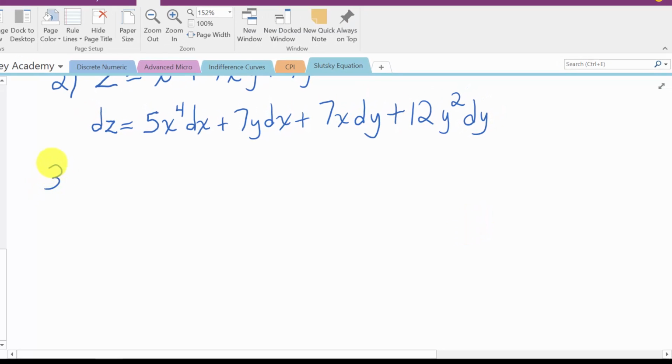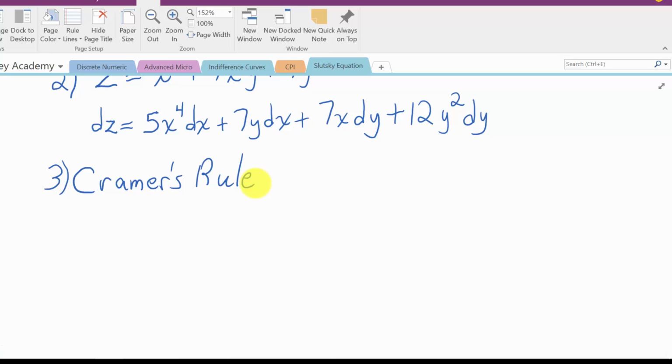So 3, Cramer's rule. Now you probably, since you've studied Cramer's rule, know that Cramer's rule has something to do with solving systems of linear equations. So let me give us a system of linear equations to work with here. We'll use x, y, and z. So let's say 2x plus 1y.